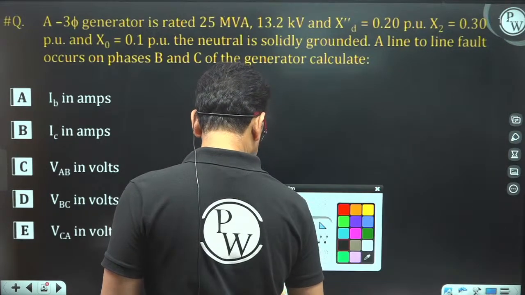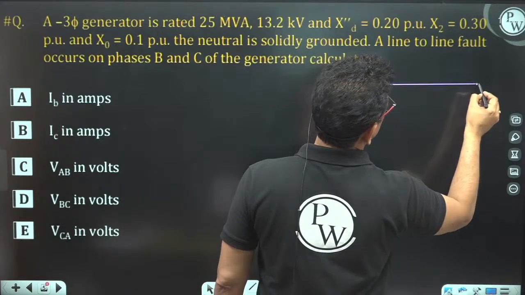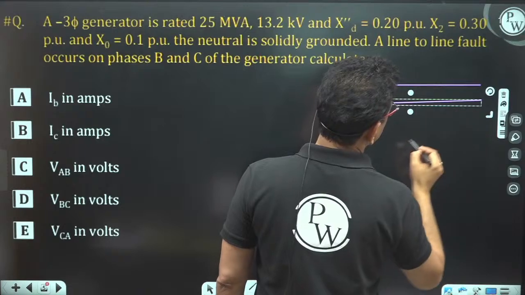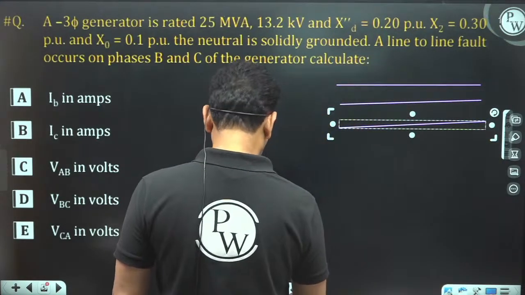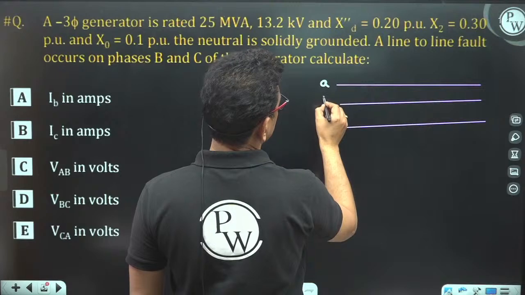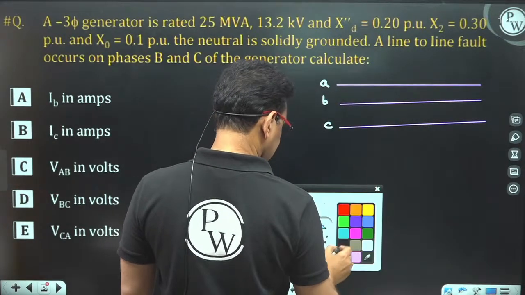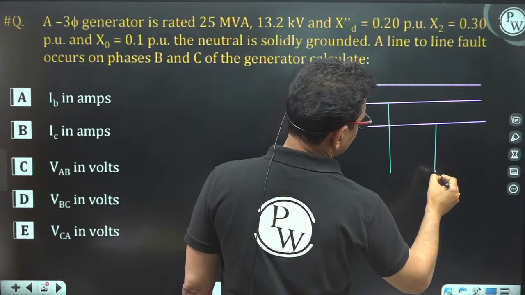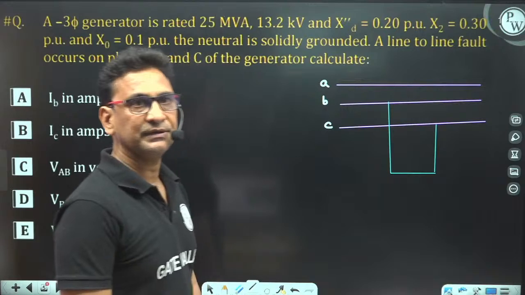What does it mean? Suppose I have a three phase line, A phase, B phase and C phase, A, B and C, and there is a short circuit between the B phase and the C phase. The fault impedance is not given, so you will take it as a bolted fault.